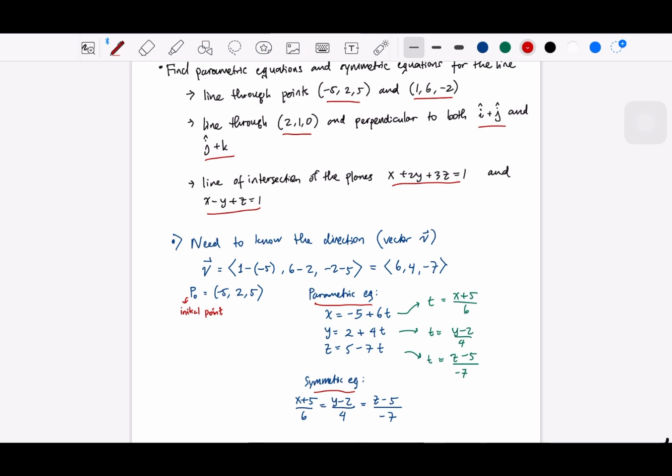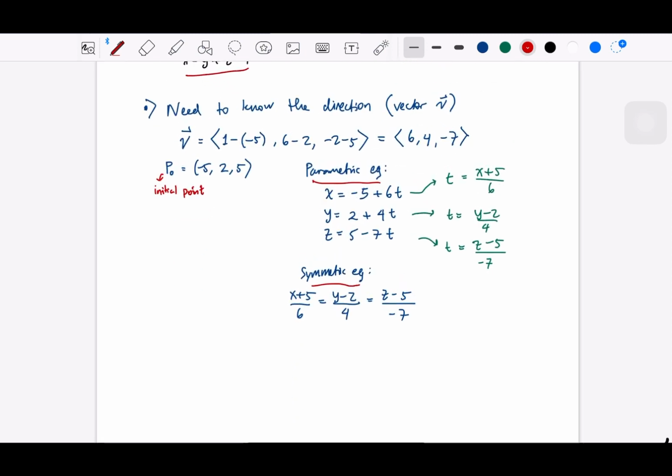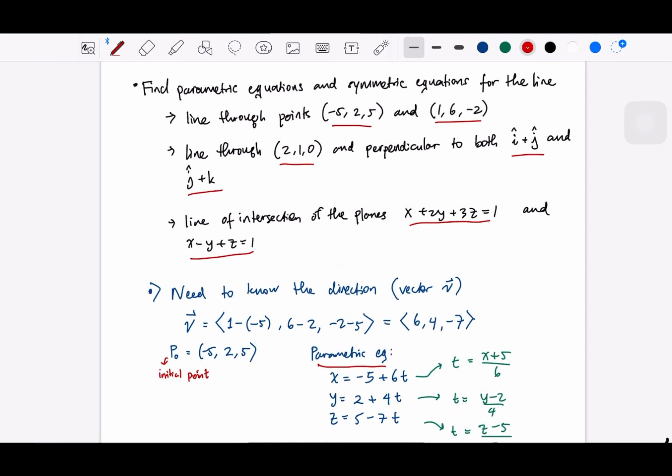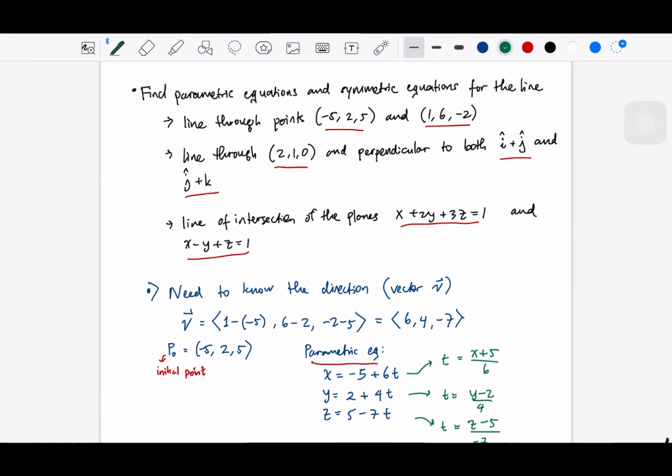And the second one, we need to find a line that goes through the point 2, 1, 0, and then this line is perpendicular to both vectors i plus j and j plus k. So which means that, imagine that this i plus j and j plus k, i plus j is maybe on the x and y, right?